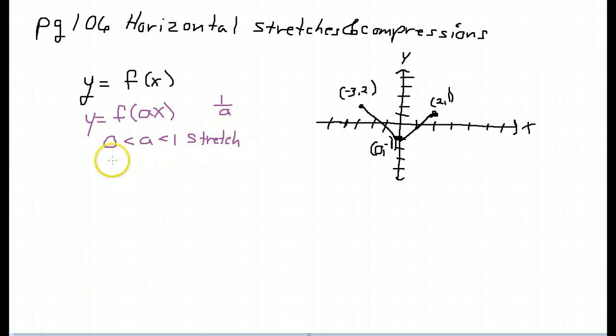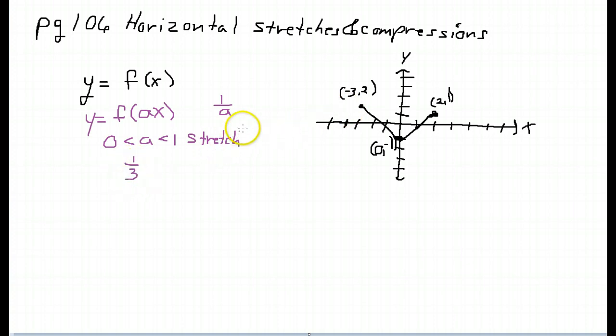Now, let's assume that a is, how about 1/3?